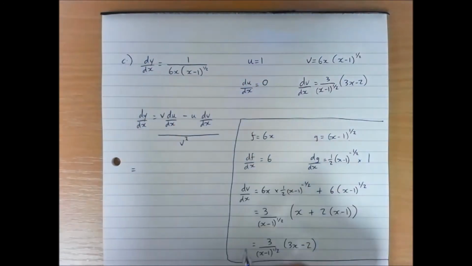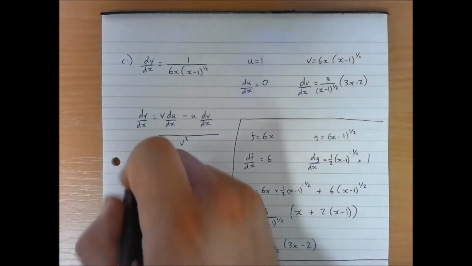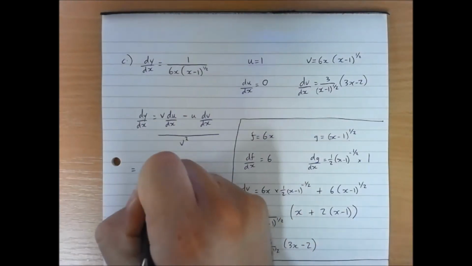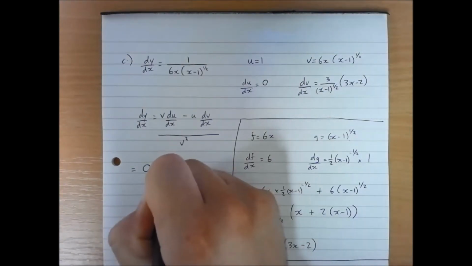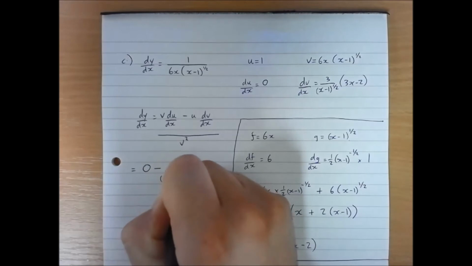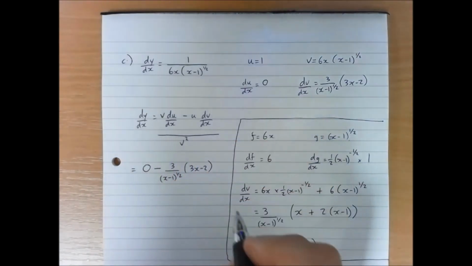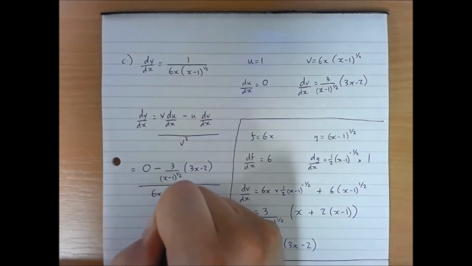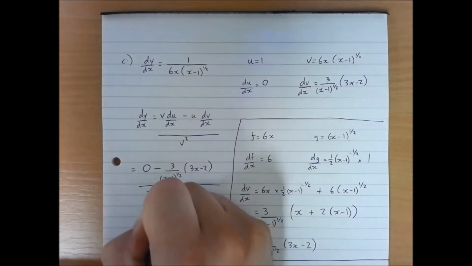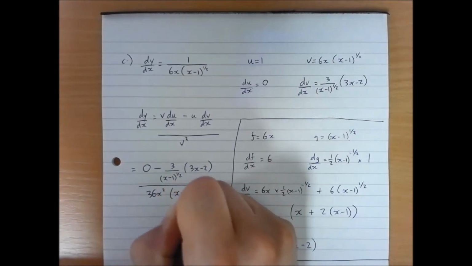I can substitute in all my previous answers that I got before. v du/dx is 6x (x minus 1) to the power of a half times 0, so I'm just going to put a 0, minus u, which is 1, lots of 3 over (x minus 1) to the power of a half times (3x minus 2). This is all then divided by v squared, which is 6x squared, which is 36x squared, times (x minus 1) to the power of a half squared, which is just x minus 1.